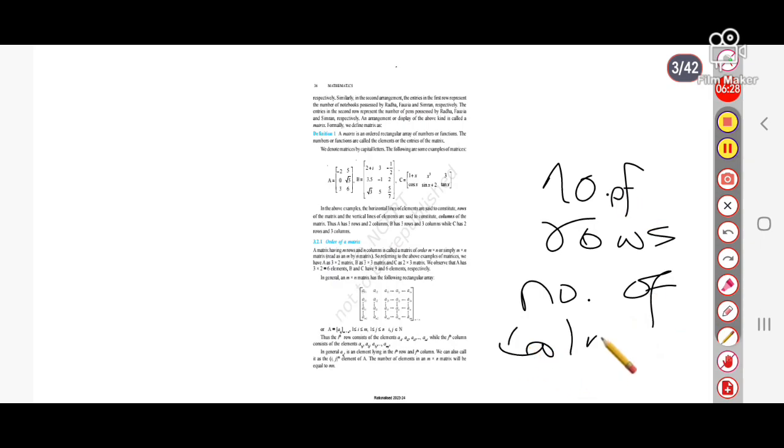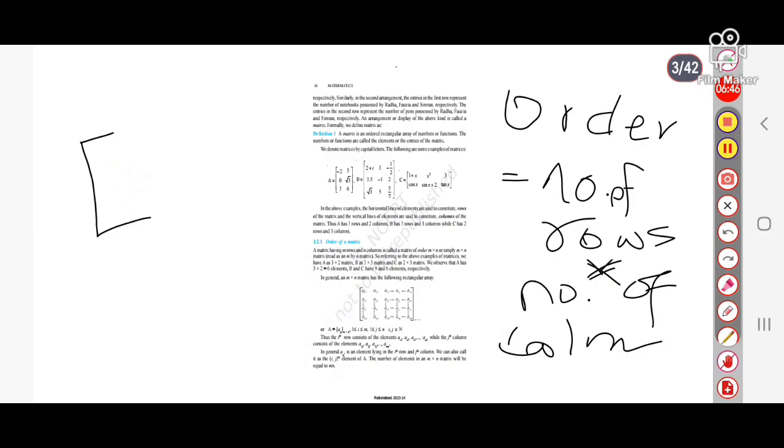The formula for finding the order of a matrix is the number of rows cross the number of columns. In a matrix, for example, let it be like this: 1, 1, 2, 2, 1, 1.